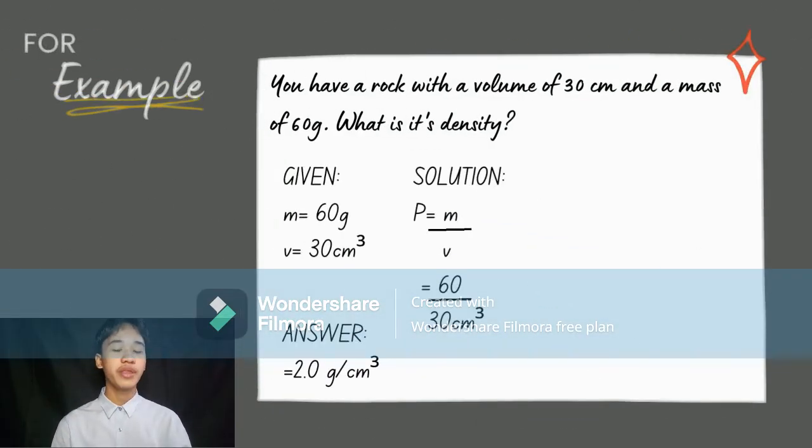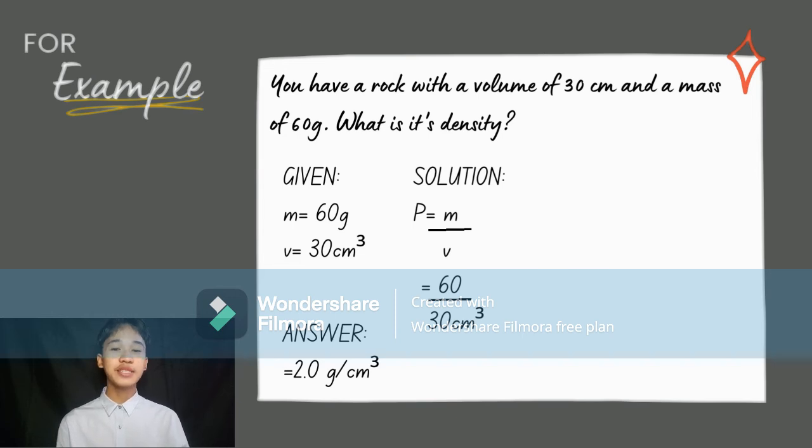You have a rock with a volume of 30 cubic centimeters and a mass of 60 grams. What is its density? We are given the mass and the volume already: the mass is 60 grams and the volume is 30 cubic centimeters. In order to solve it, we use the formula ρ = m/v.